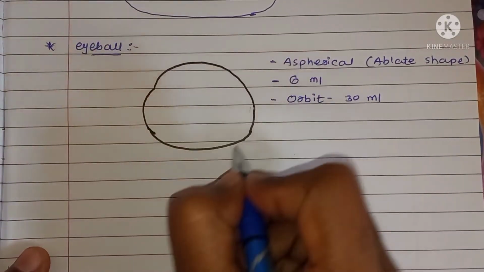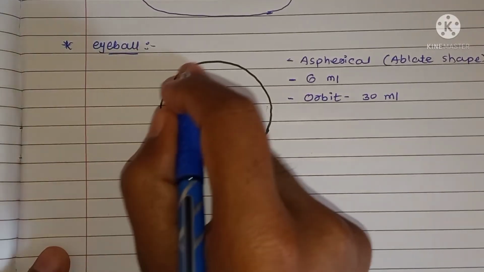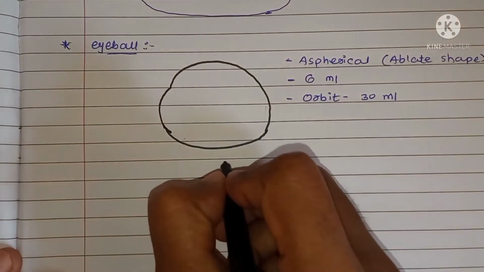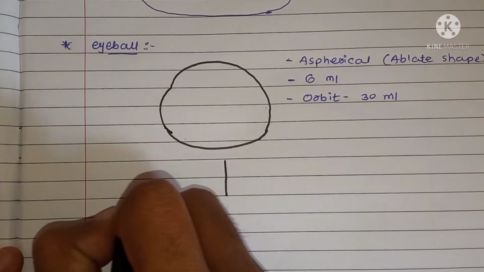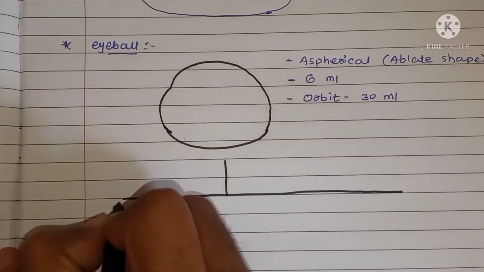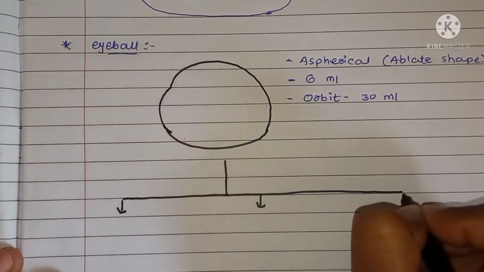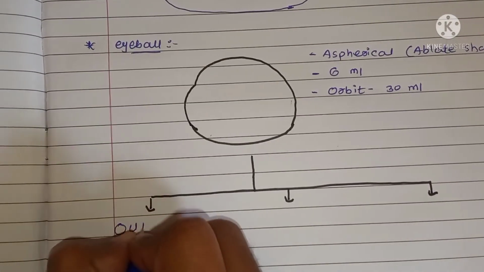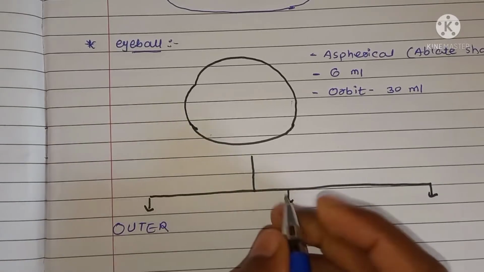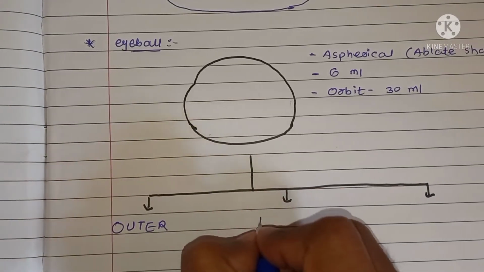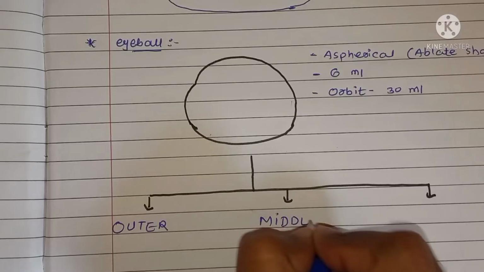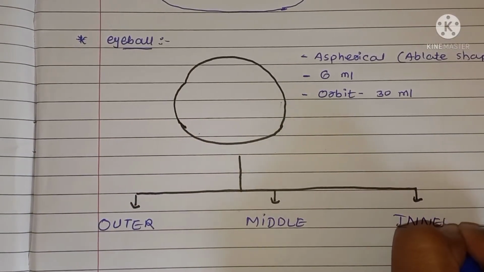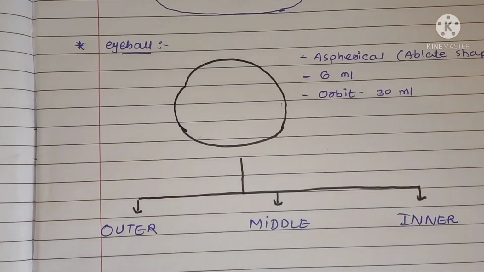What are the layers of the eyeball? There are 3 layers of the eyeball. First of all, there is an outer layer, then there is a middle layer, and there is the inner layer of the eyeball.